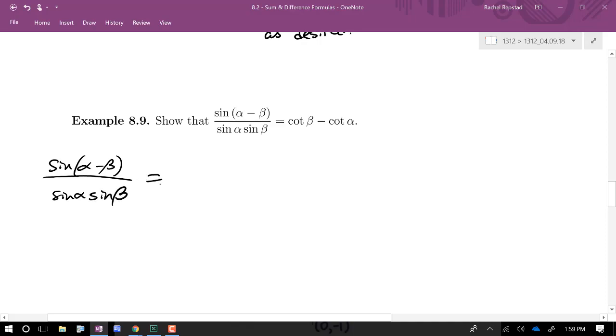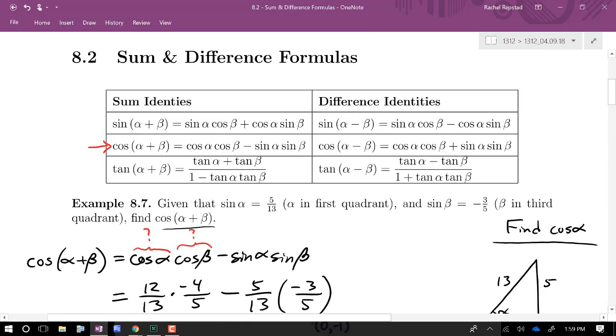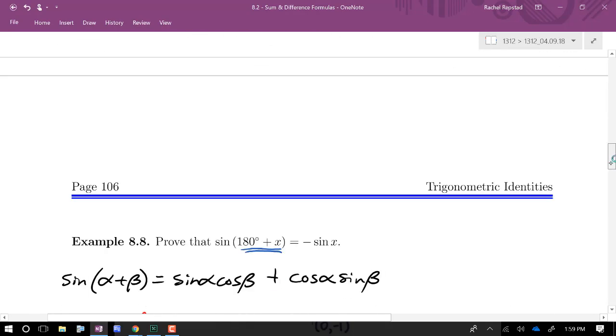So if we use the difference formula for sine, that's this one: sine alpha cosine beta minus cosine alpha sine beta.